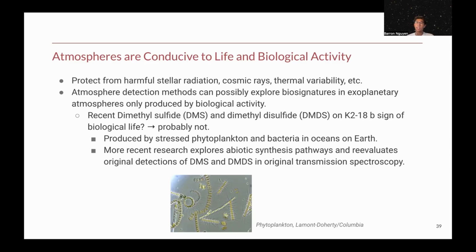So statistics is also really important in evaluating the strength of an atmosphere detection in a planetary atmosphere. I think this was just a quick fun slide to round things off.